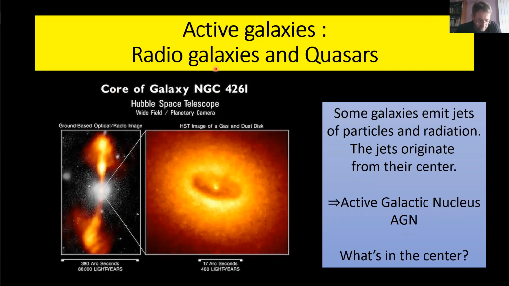Sometimes when we look at galaxies, like obviously this elliptical one here, the galaxy NGC 4261. On the right side is the Hubble Space Telescope, and on the left side what you see is ground-based optical.